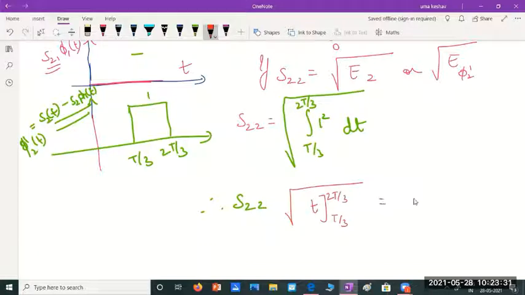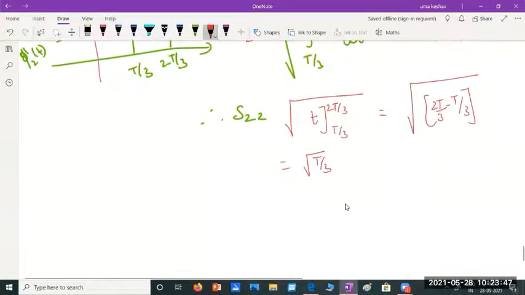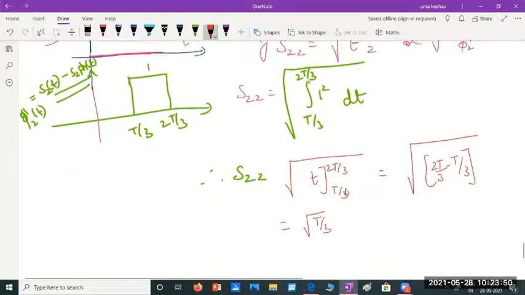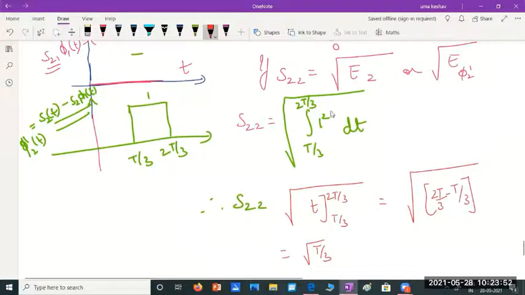Can you tell me how much that will be? Just compute this integral.